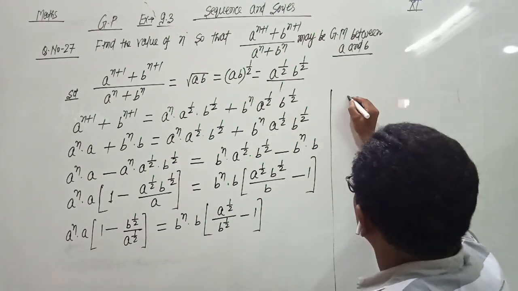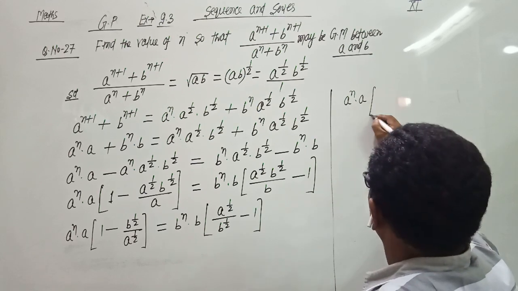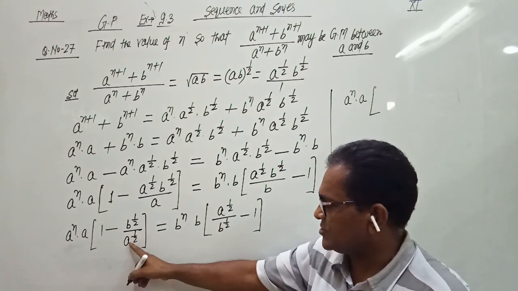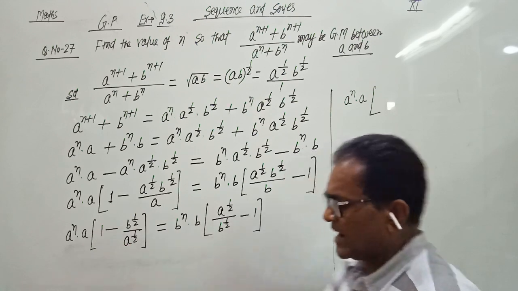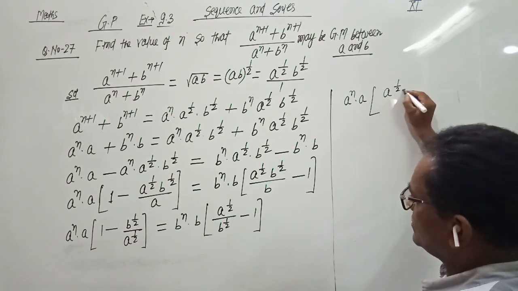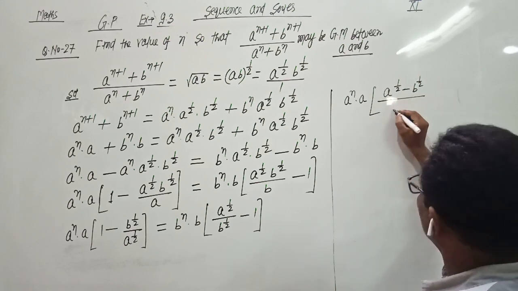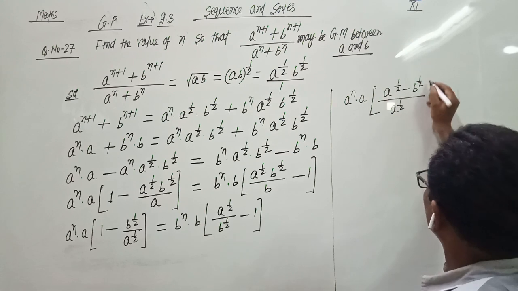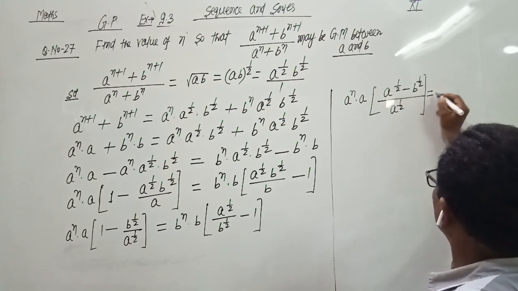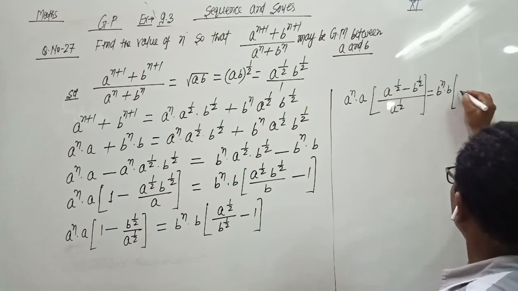So a raised to the power n into a, and taking LCM a raised to the power 1/2 multiplied by 1, it gives a raised to the power 1/2 minus b raised to the power 1/2 upon a raised to the power 1/2 equals b raised to the power n into b.